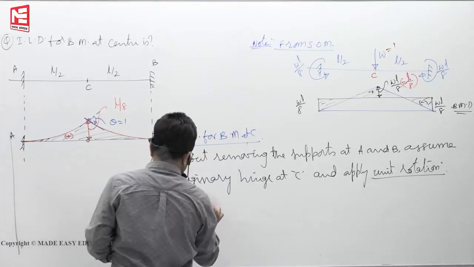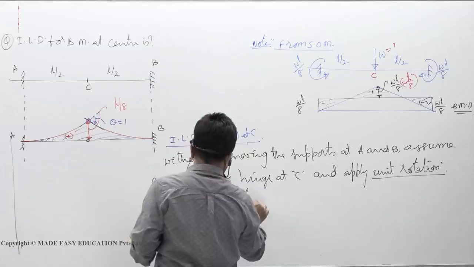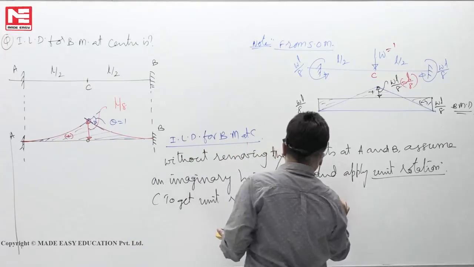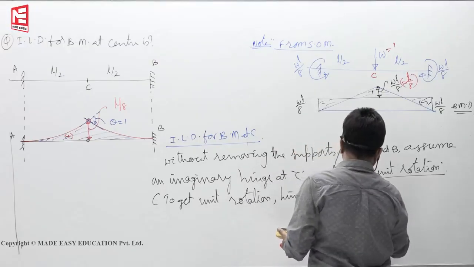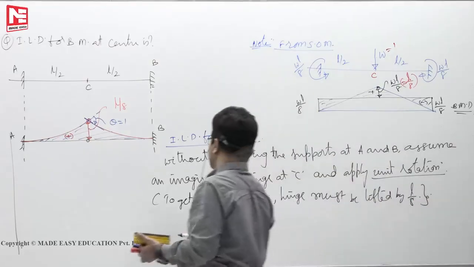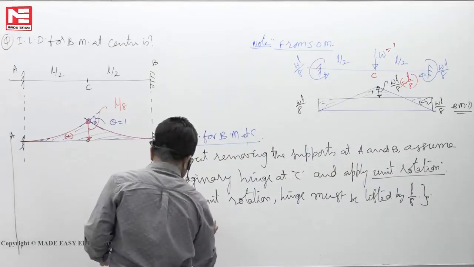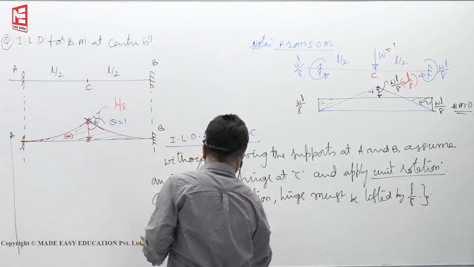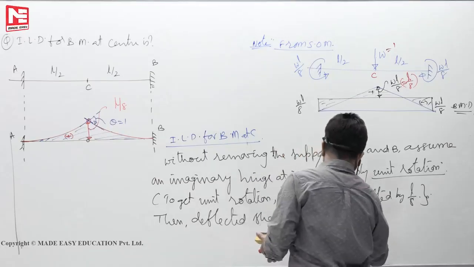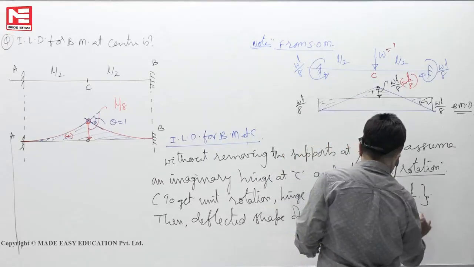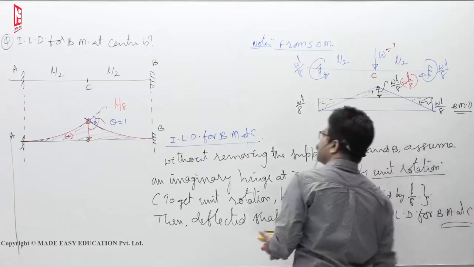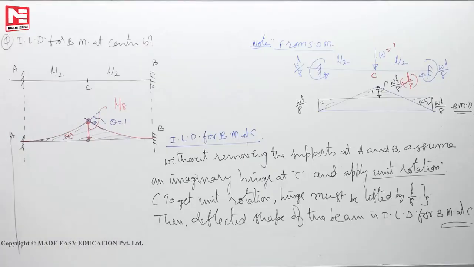To get unit rotation, the hinge must be lifted by L by 8. Then the deflected shape of the beam is the ILD for bending moment at C, like that. So this is about the fixed beams.